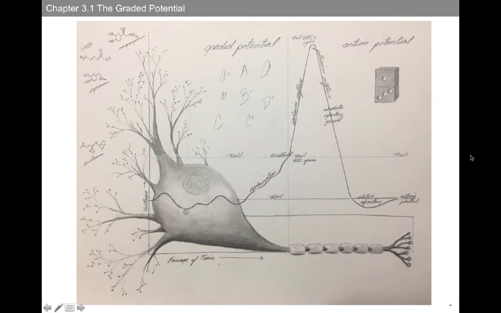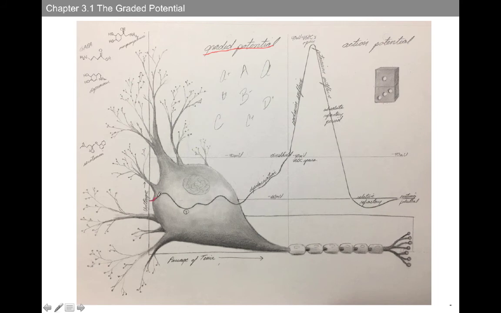So here I have a diagram that I made where I show the charge of the intracellular space during the graded potential. Again, the graded potential is not all or none like the dominoes. The graded potential refers to the constantly fluctuating changes in the intracellular space in the dendrites and the cell body.